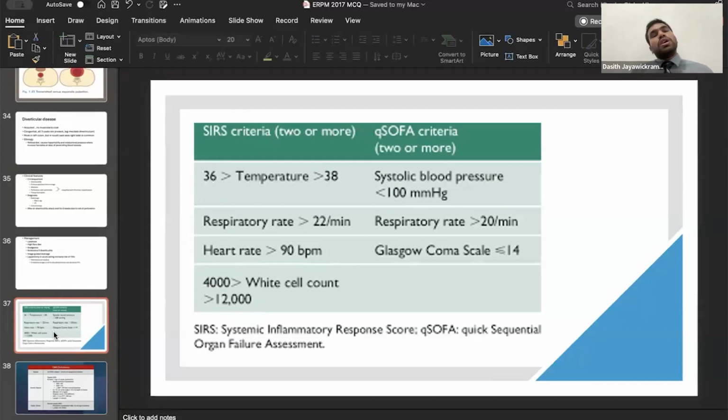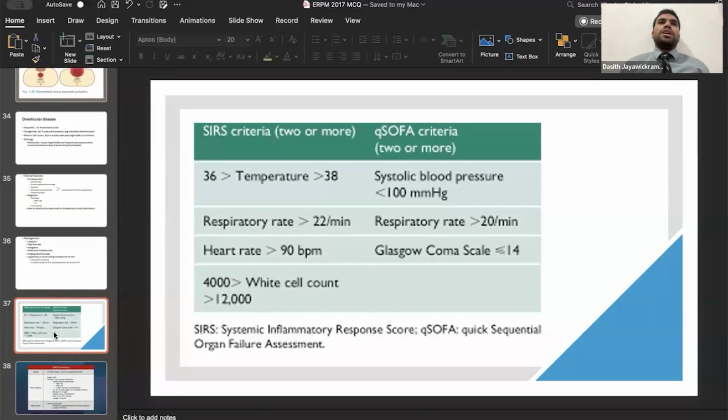Earlier the concept was that there's an entity called SIRS, systemic inflammatory response syndrome, and if there's evidence of infection with SIRS, it is called sepsis, then severe sepsis depending on organ dysfunction, and then septic shock if the MAP is less than 65 and there's a rise in lactate levels.